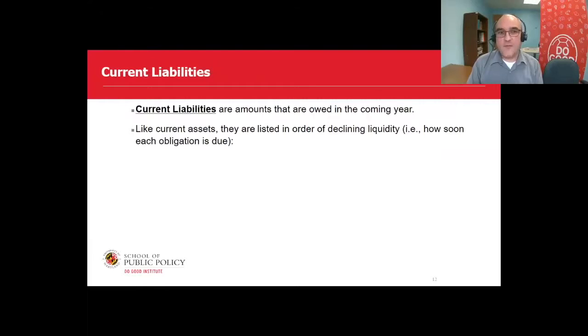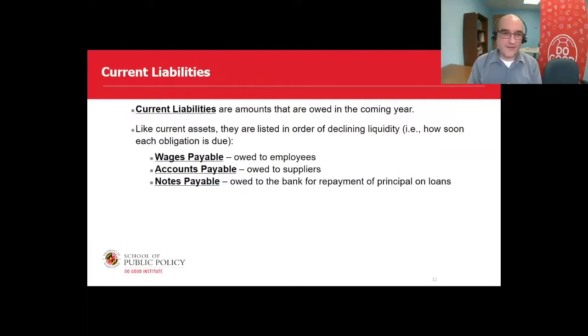In this case, it's how soon each obligation is due. You have wages payable. That's first on the list because organizations need to pay their employees first. Second, they need to pay their bills. Accounts payable comes after wages payable.